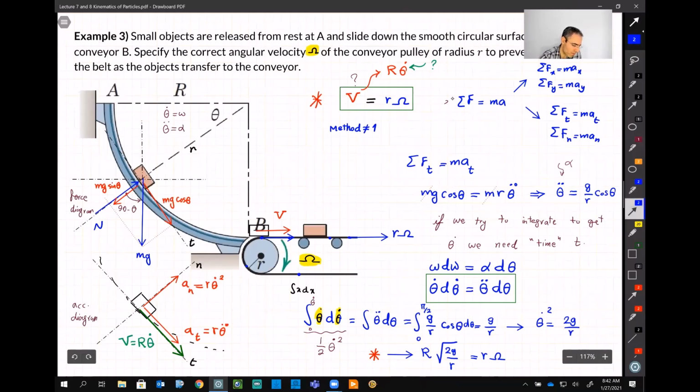And we were trying to find omega, which we just found. This omega just depends on the big radius and the small radius, nothing else, right? And gravity is a constant.